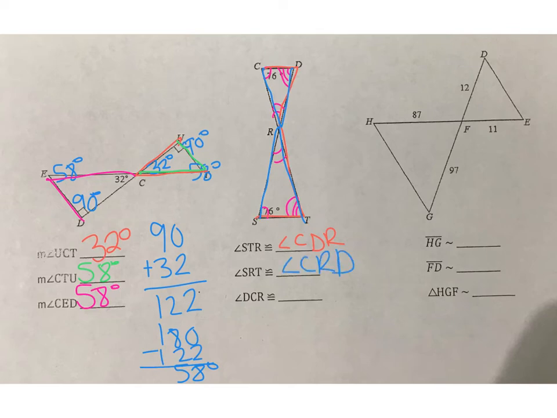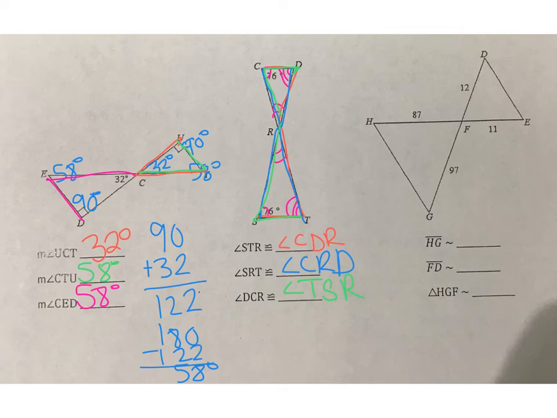And then DCR is 3, 1, 2, so we got to go 3, 1, 2. So that's going to be angle T, S, and then R. So hopefully that makes sense how you have to kind of make sure you keep them in the right order, as well as the middle one is the angle we're talking about. But make sure that the other 2 are in the same similar order.